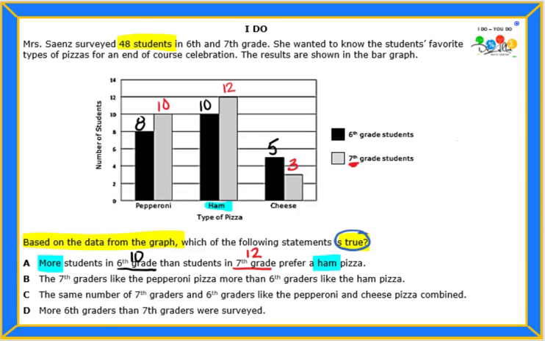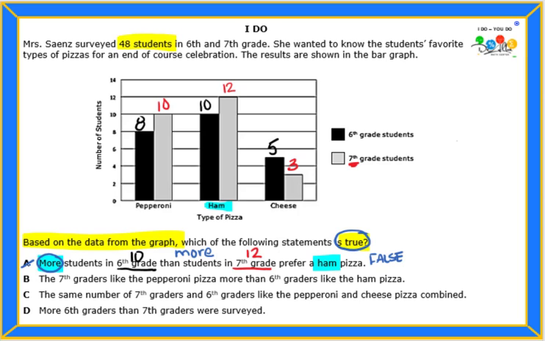Remember, we take the statement that compares them and put it in the middle. So is 10 more than 12? No, that is false. So we can scratch that one out.